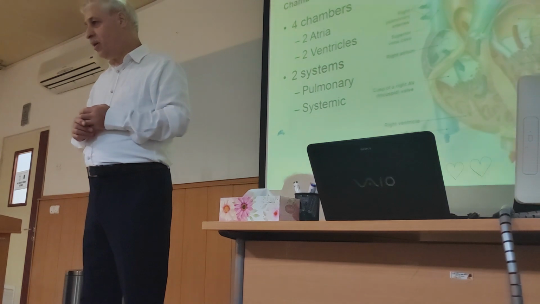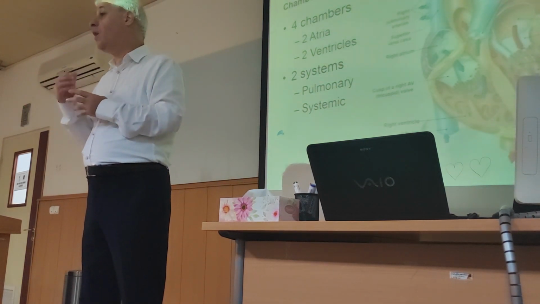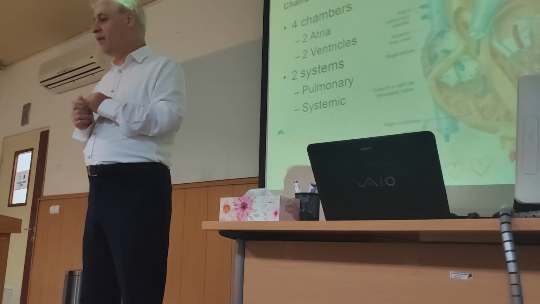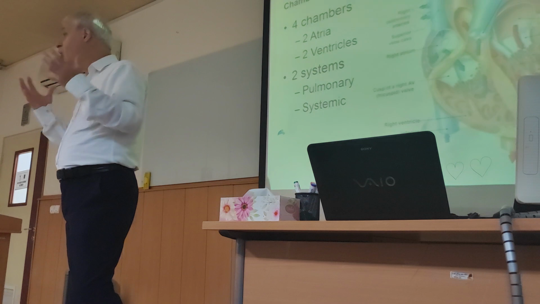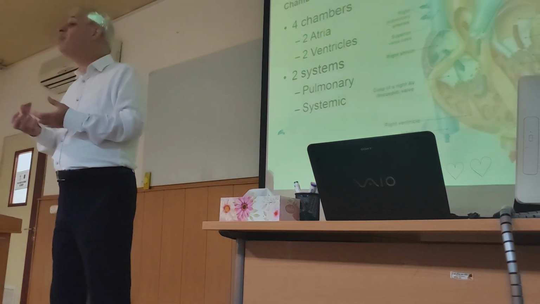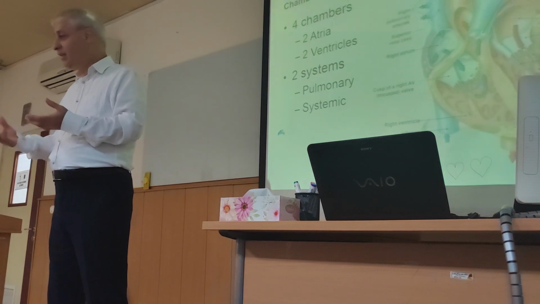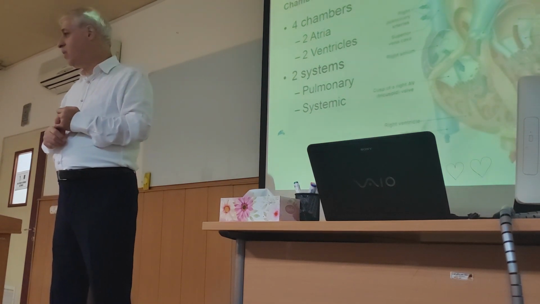Then they will be paralyzed, and when they are paralyzed, the leaflets of the valves bulge into the atria, and the heart cannot empty efficiently. This is what we call cardiac failure, which can lead to death.